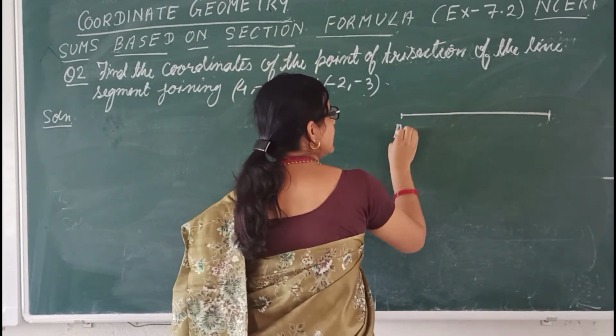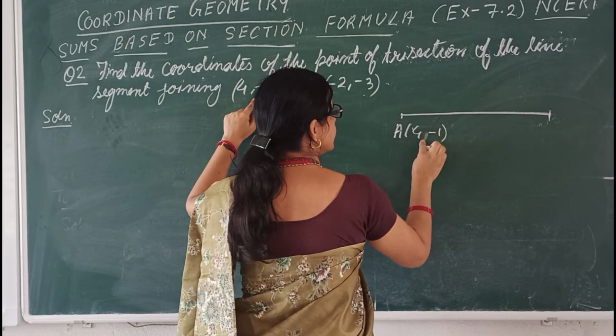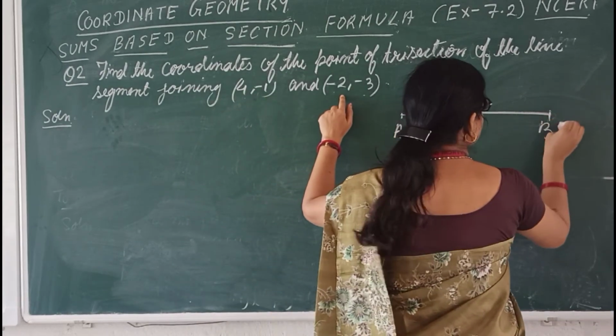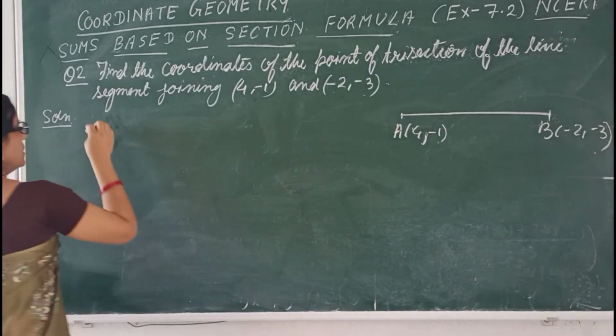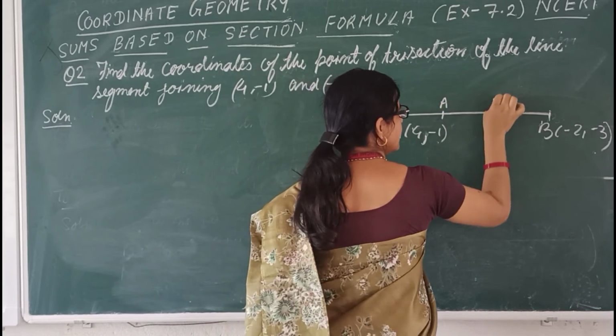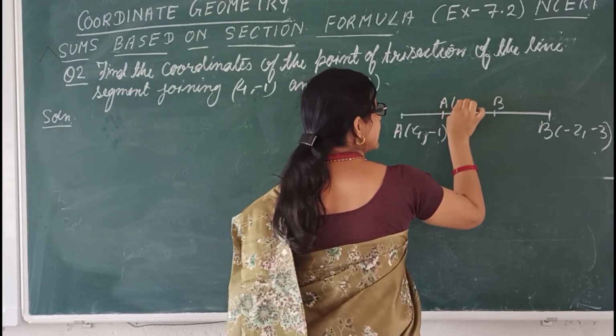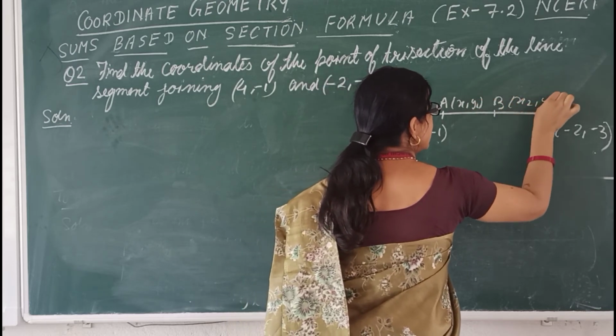Obviously, let us first name the given points A (4, -1) and B (-2, -3). And let the points of trisection be A and B. Coordinates of A, let us take x1, y1, and coordinates of B, let us take x2, y2.